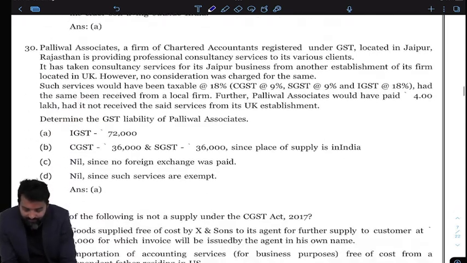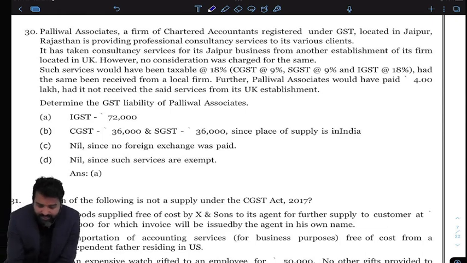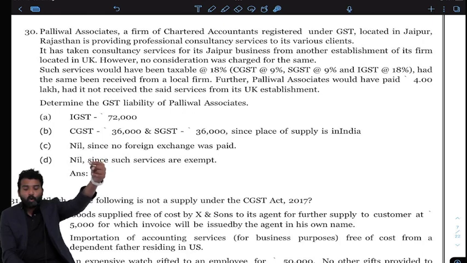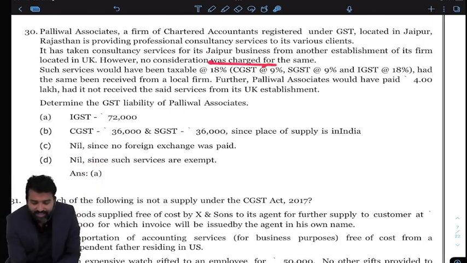Okay, next. There is a firm of chartered accountants located in Jaipur. What they did, listen: it has taken consultancy services for its Jaipur business from another establishment located in the UK. So basically it's an import of service from a relative and no consideration was charged for the same.